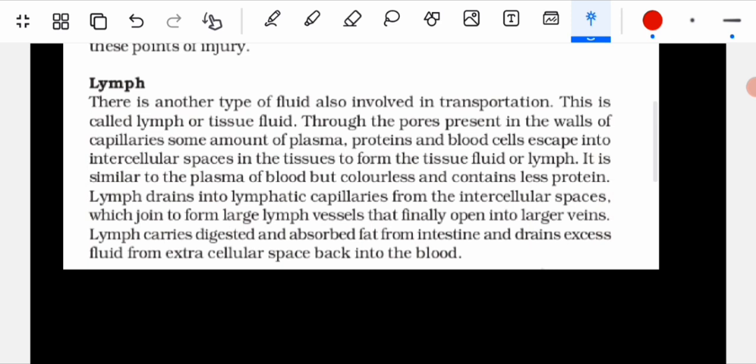Lymph carries digested and absorbed fat from the intestine and drains excess fluid from the extracellular space back into the blood. It means the materials between the cells are taken again to the blood.